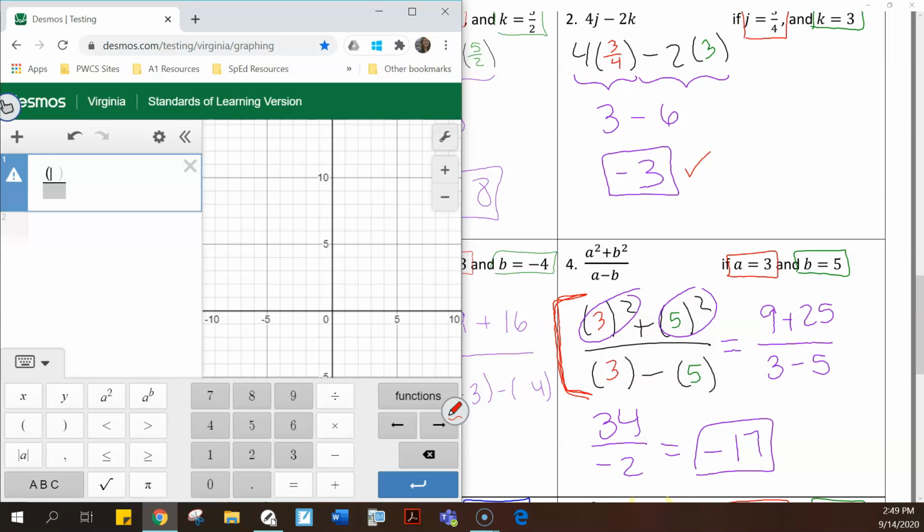So I'm going to do parentheses 3 squared plus parentheses 5 squared. And then on the bottom, I'm going to do 3 in parentheses minus 5 in parentheses. And I get that negative 17 that checks out over here. Okay, so again, if you just press this division symbol before you put anything else in, it will set you up with a fraction that you can then type into.